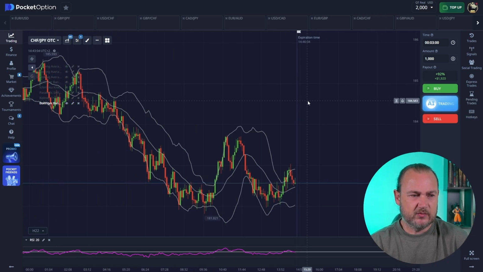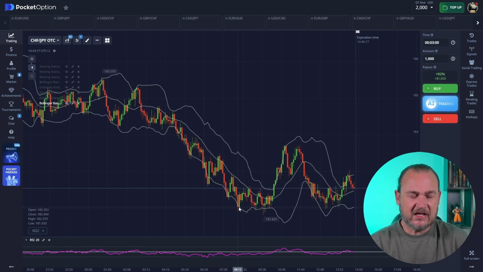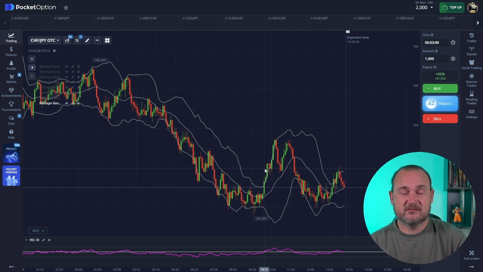The other way that we can use it is quite often price will respect the middle line, the middle Bollinger line. I like to take trades off this. And then also when we have a bubble like this and price goes from one side to the other side and starts running again. Remember, Bollinger Bands is a volatility indicator.